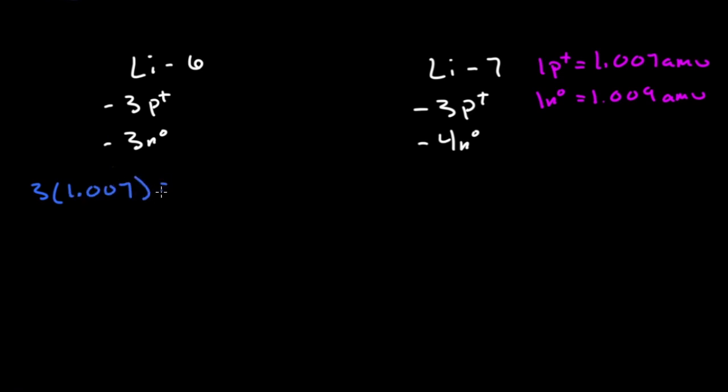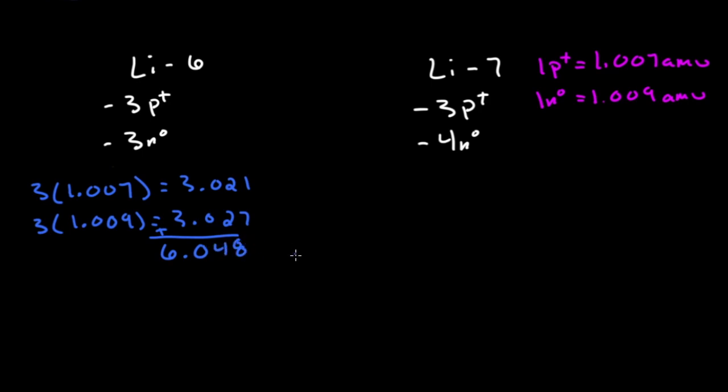Multiplying those together, we get 3.021. We have 3 neutrons, and the mass of one neutron is 1.009. Multiplying those two together, we get 3.027. We add these two numbers up, and we get the atomic mass of lithium-6, which is 6.048 atomic mass units.